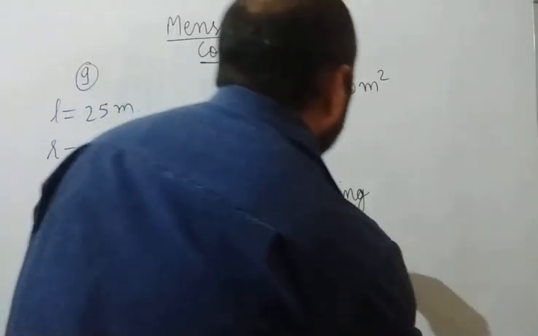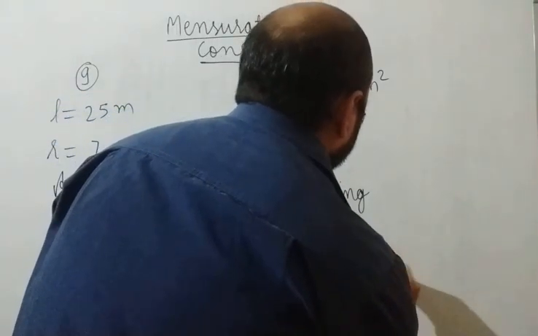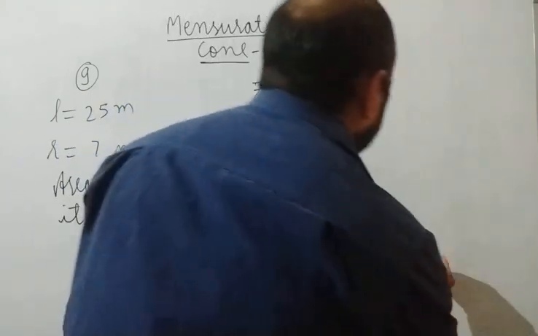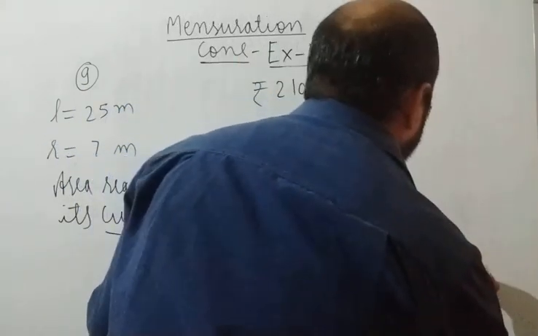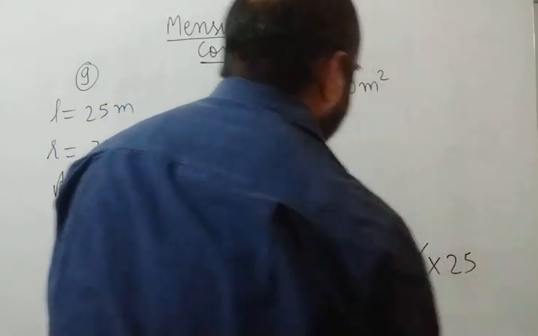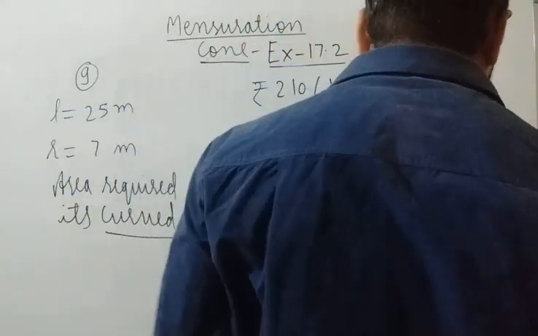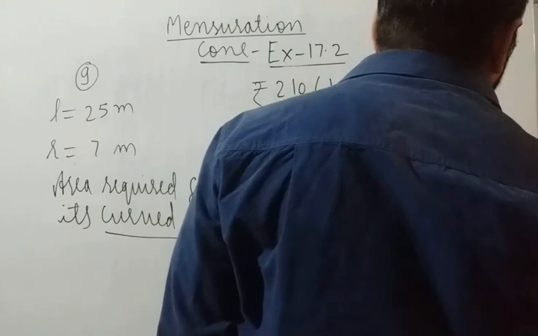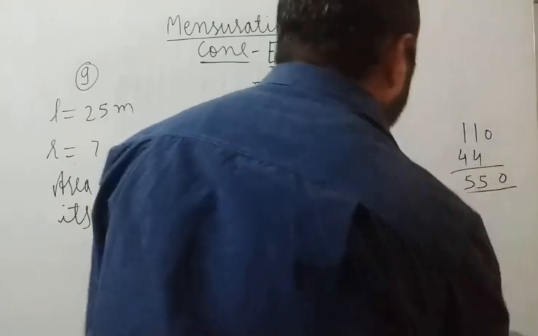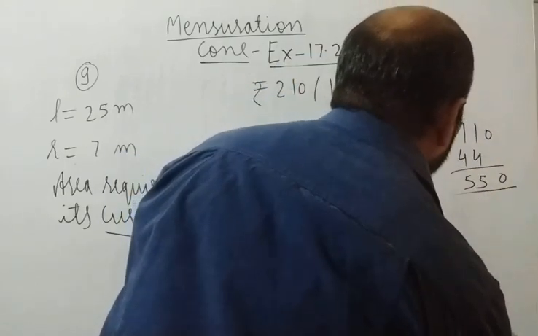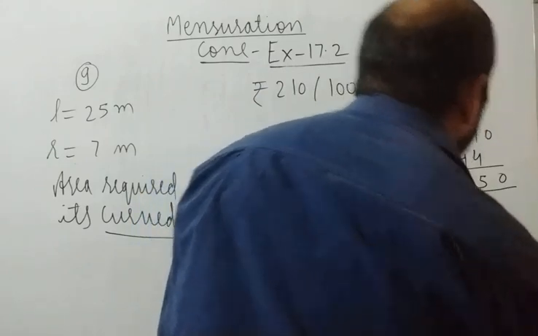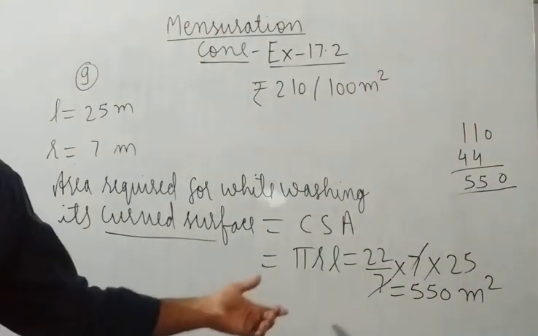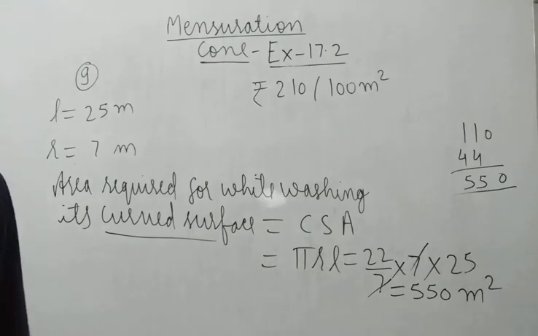Substitute the value: 22 by 7, radius is 7, L is 25. This will be 550 meter square.